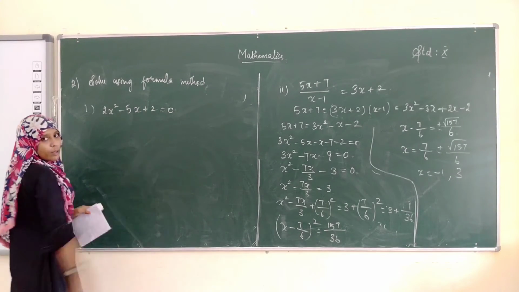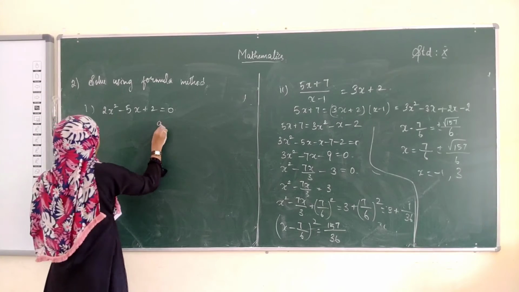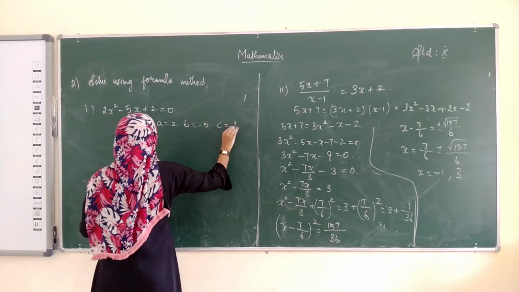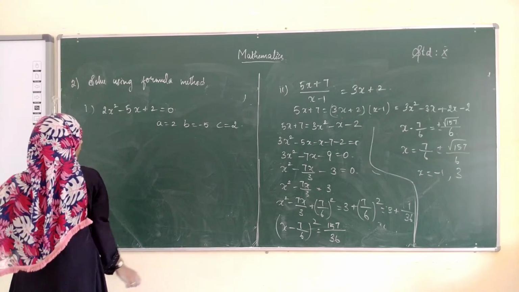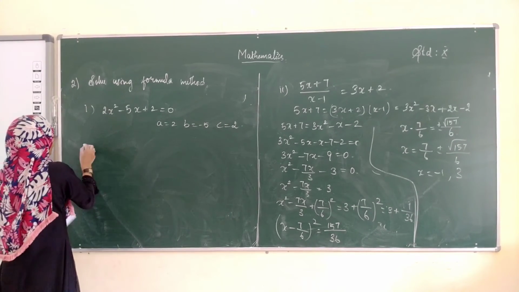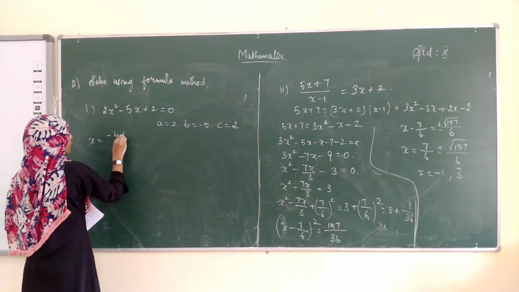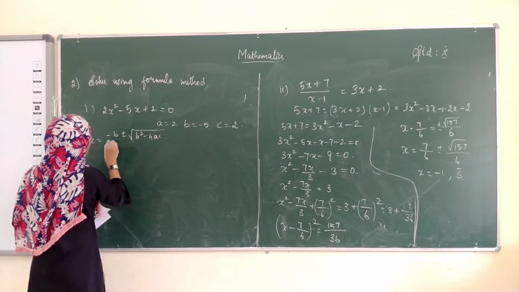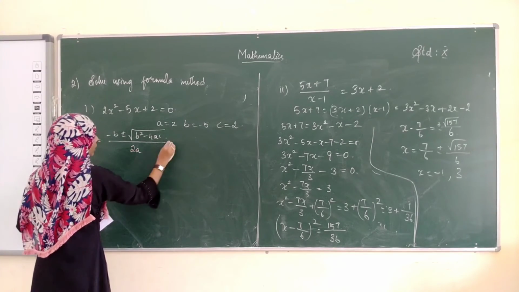Okay, this is the general form of the quadratic equation. What's the value of a? a is equal to 2, b is equal to minus 5 and c is equal to 2. What's the formula? x equals minus b plus or minus root of b square minus 4ac divided by 2a.